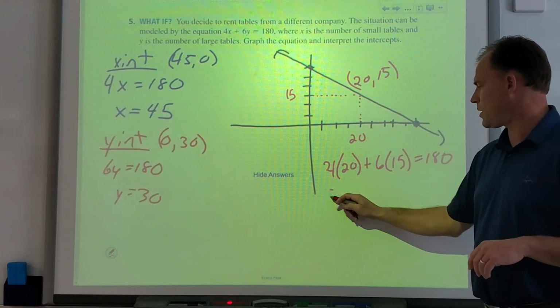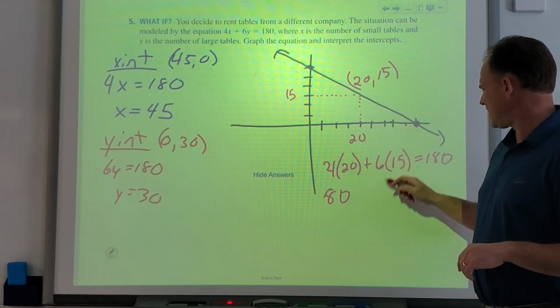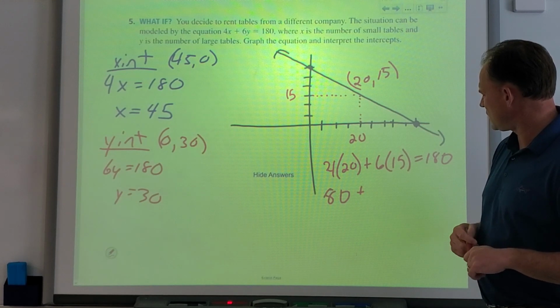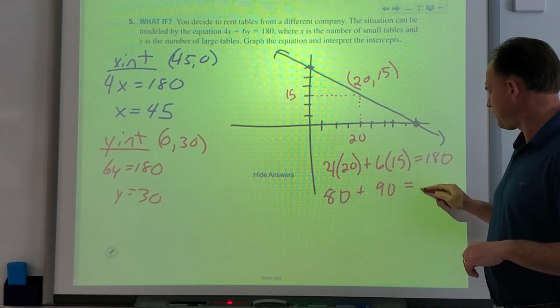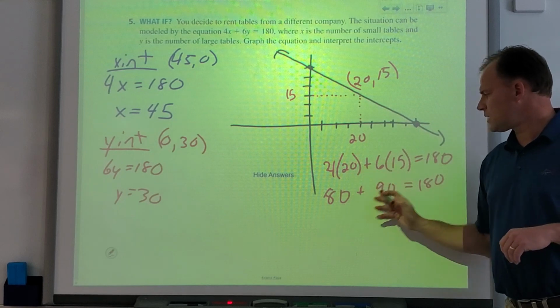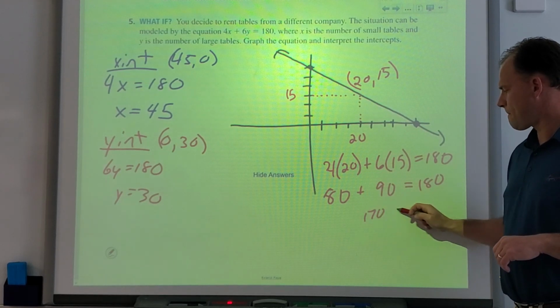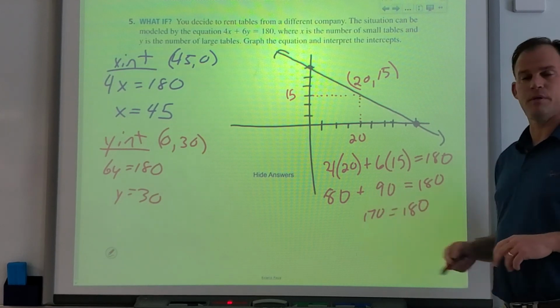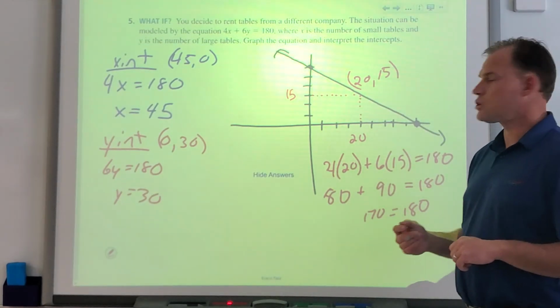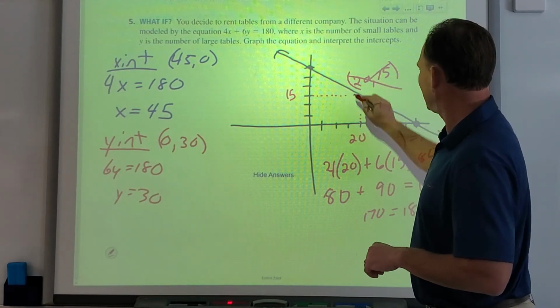Well, 4 times 20 is 80. 6 times 15 is 90. Is that a solution? Nope. I'm going to be 10 people short. So this is not a solution.